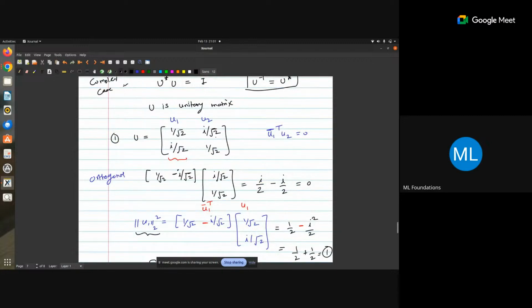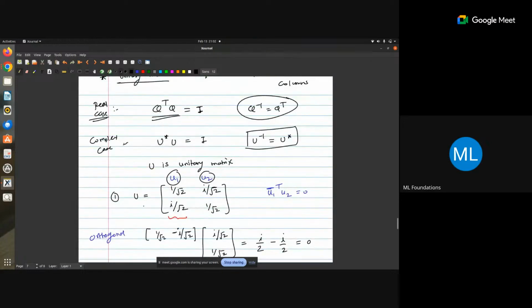So u1 is a unit vector, u2 is also a unit vector, and they are orthogonal to each other also. That says that these two columns are orthonormal to each other, and if the columns of the matrix are orthonormal to each other, then we call that matrix u a unitary matrix, right?